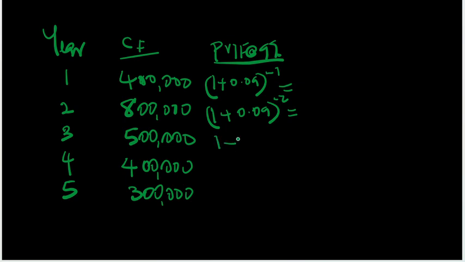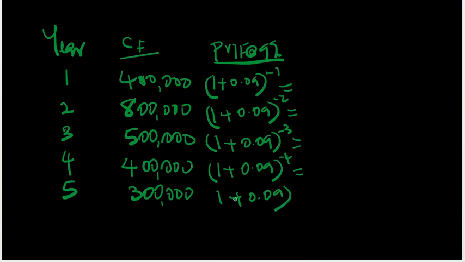For year 3 it is 1 plus 0.09 raised to negative 3. For year 4 it is 1 plus 0.09 raised to negative 4. The last one is 1 plus 0.09 raised to negative 5. So that gives us the present value interest factor at 9% for each of those years.